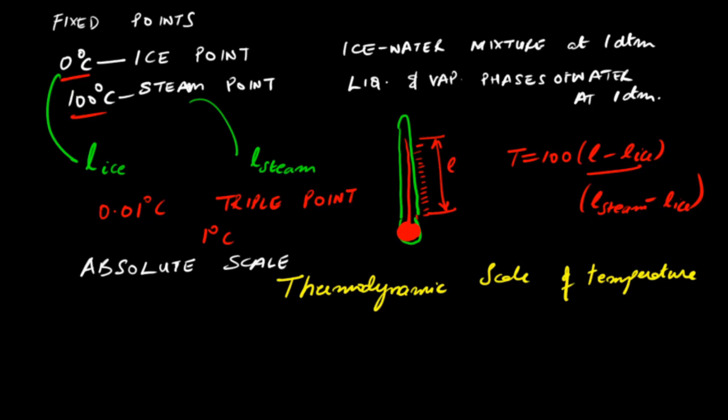But in practice, the thermodynamic scale of temperature is complicated to use, and in practice a different scale defined by a different standard called ITS, the International Temperature Scale, that was defined in 1990, so it is called the ITS 90 standard, is used, which closely represents the thermodynamic scale.